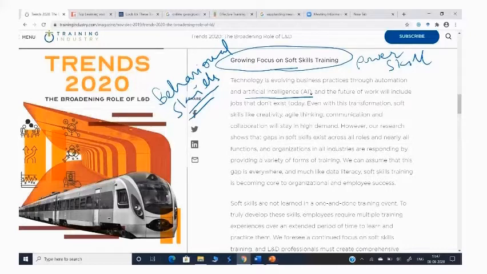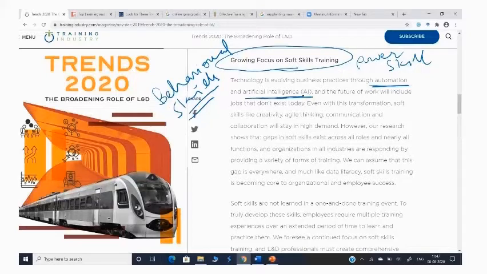Why is there more thrust now on these skills? Because organizations are getting more automated and using artificial intelligence. Now here, please try to understand. When people are saying you are going to be replaced by artificial intelligence, don't just get carried away by it.